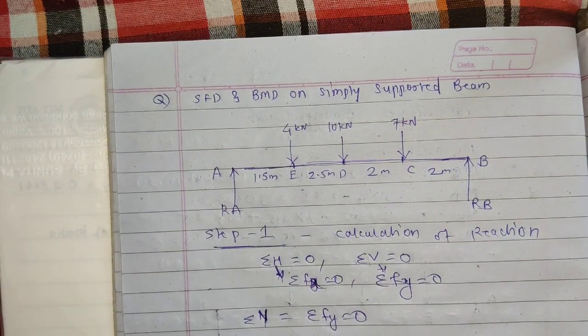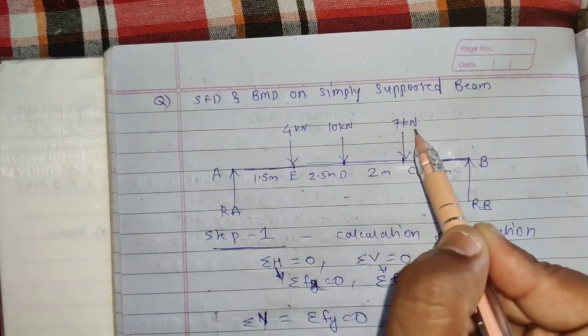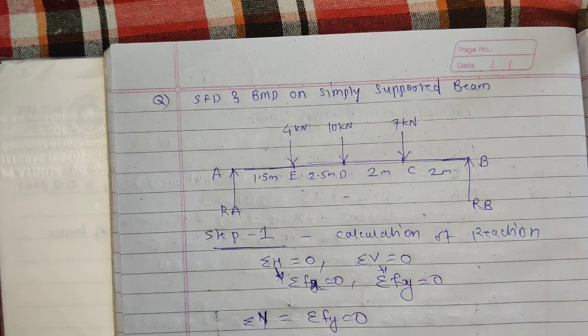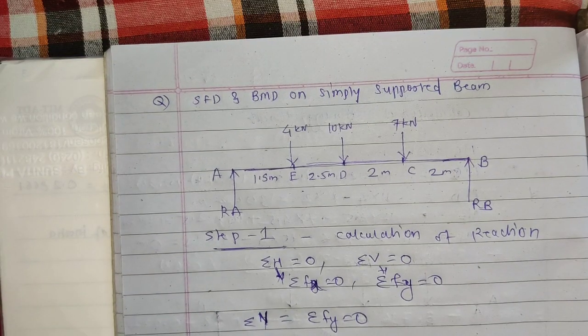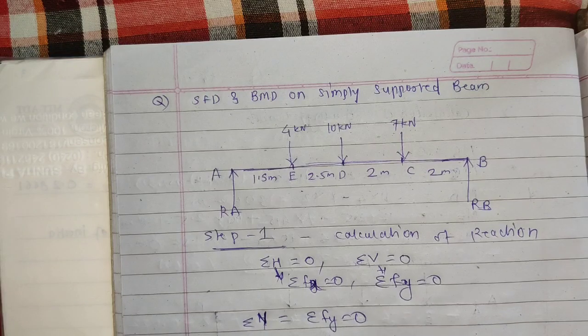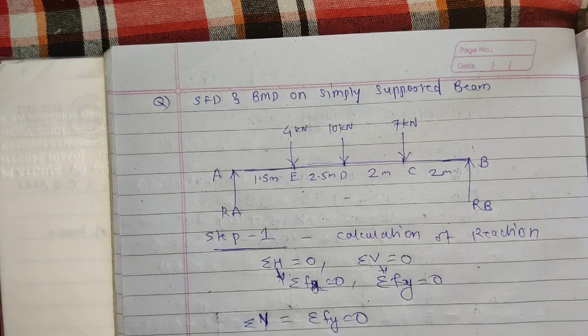So Ra is positive, and the 4 kilonewton, 10 kilonewton and 7 kilonewton forces are going downward, so we take negative: -4, -10, -7, and Rb is going upward, so Rb is positive. All the forces equal 0.